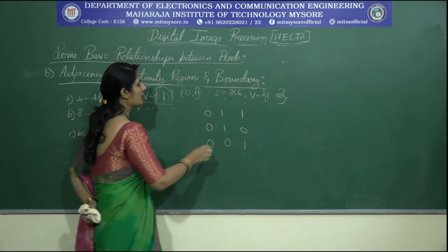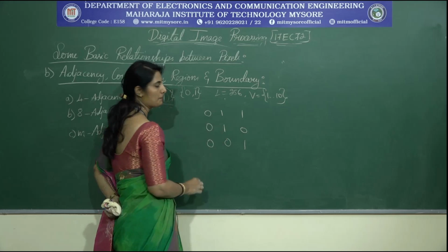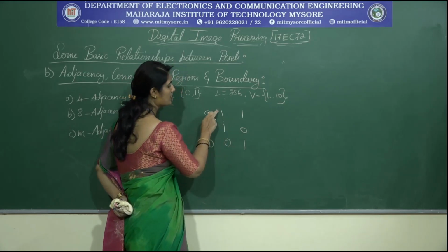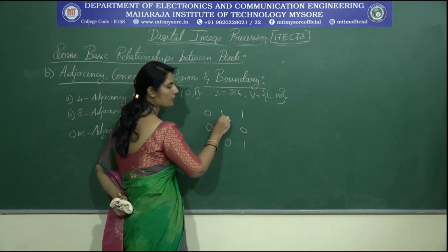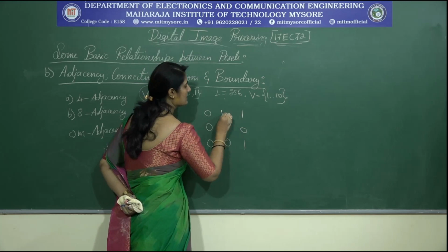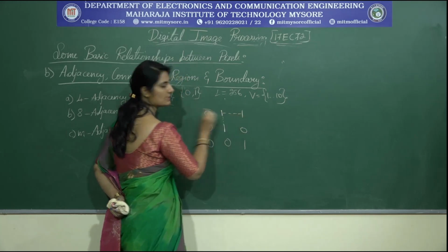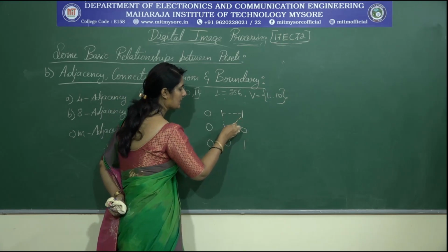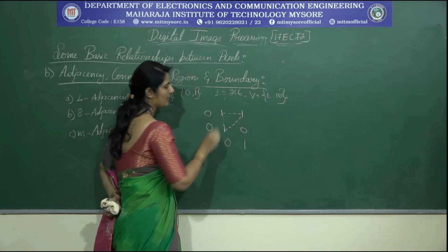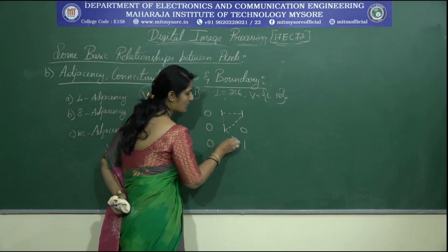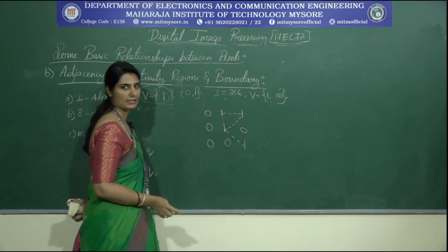Here, this is pixel P, and the path of this P with this pixel is a 4 adjacent path, and this pixel is in 4 adjacency with this pixel, and this pixel is in 8 adjacency with this pixel, and this pixel is also in 8 adjacency with this pixel.